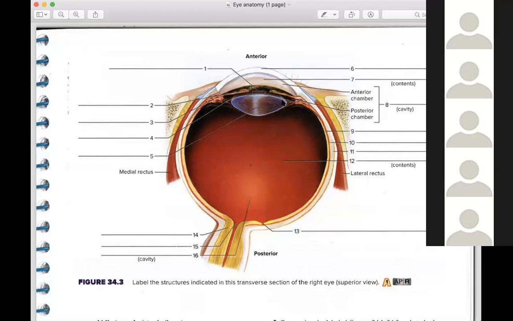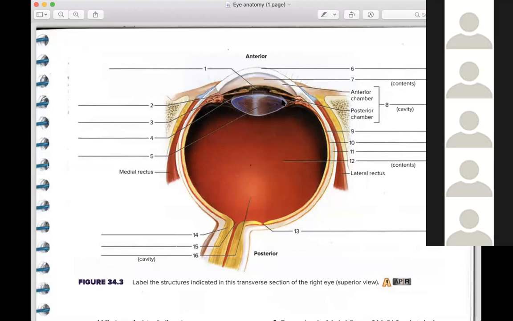The middle or vascular tunic has a lot of blood vessels supplying nutrients for the whole eye. The inner nervous tunic is composed of special cells called photoreceptor cells that interact with neurons that generate the signal that allows your brain to process what you're seeing as an image.